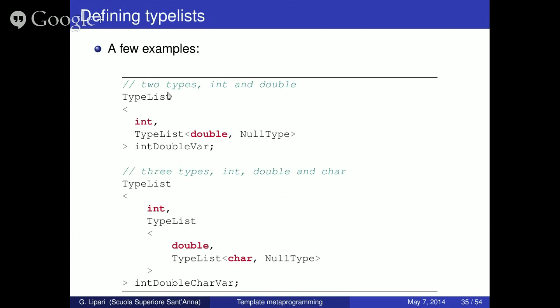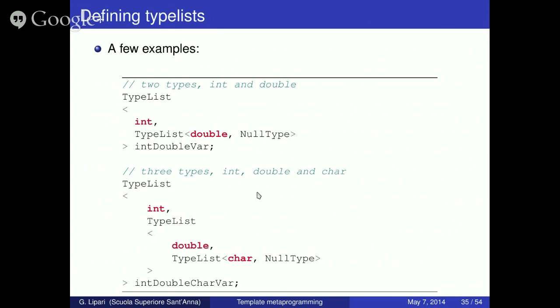This is a list where the head is going to be int, and the tail is going to be another list where the head is double and the tail is NullType because there is nothing else. So this is a type list with two types, int and double.